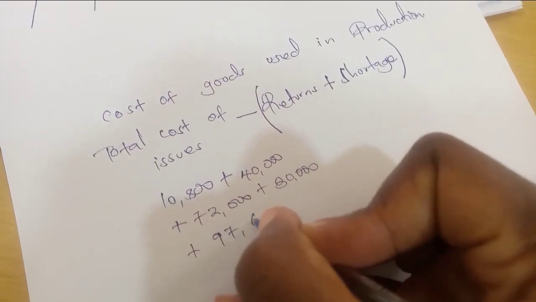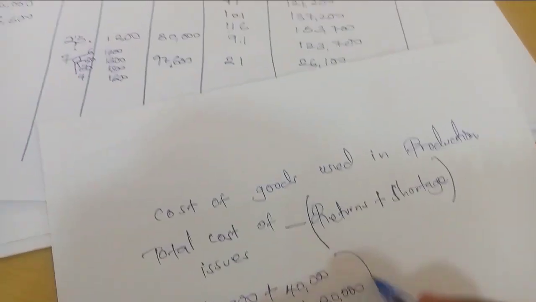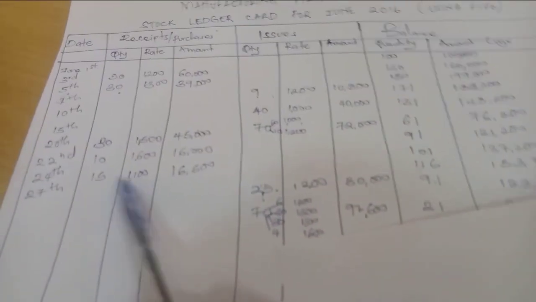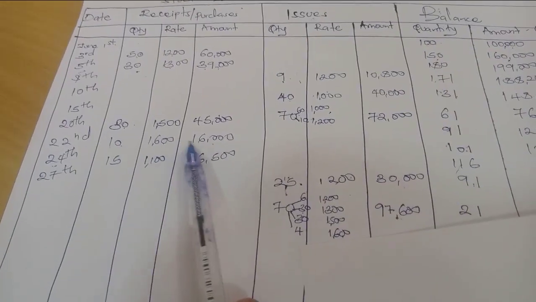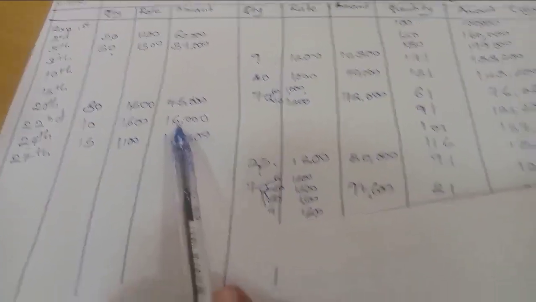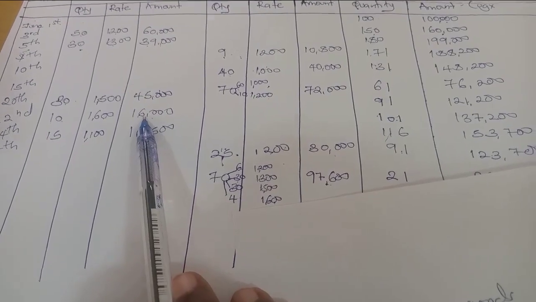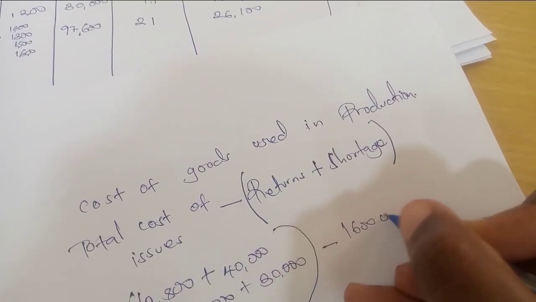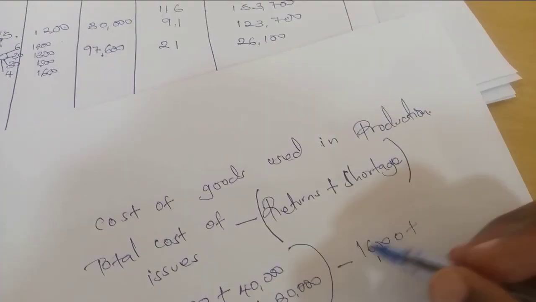So all this minus what was returned. The returns on 24th were 16,000, plus any shortages that was made.